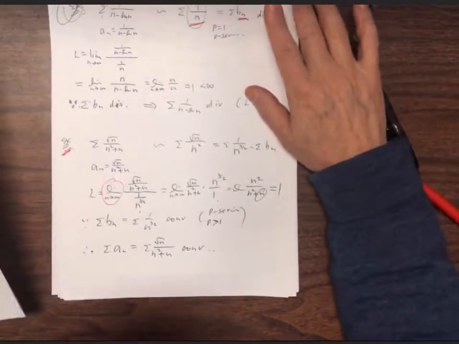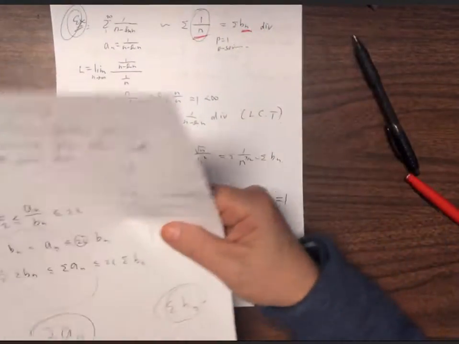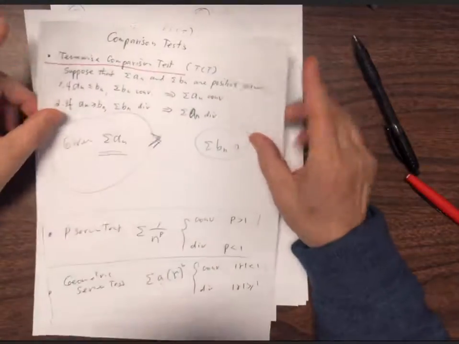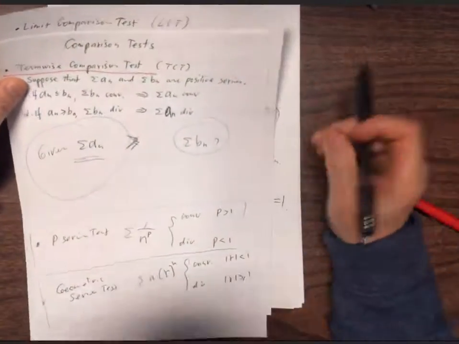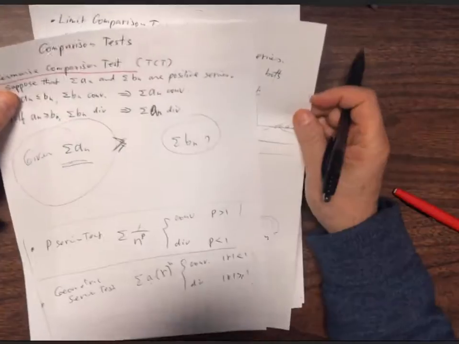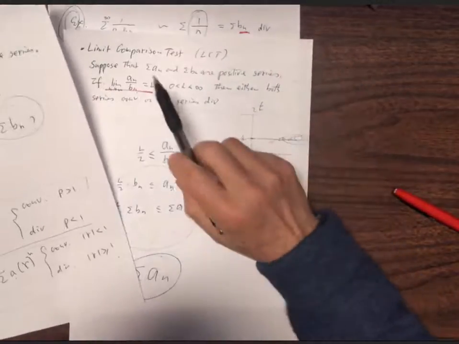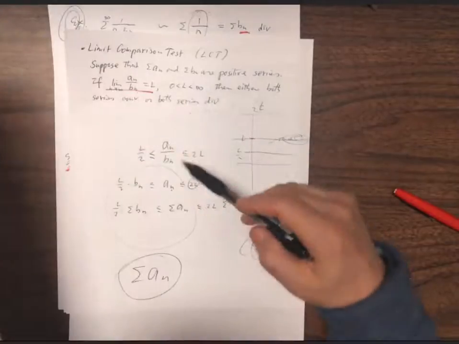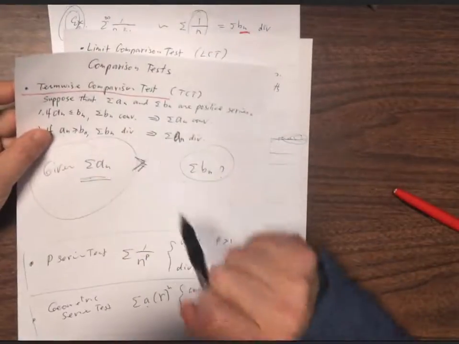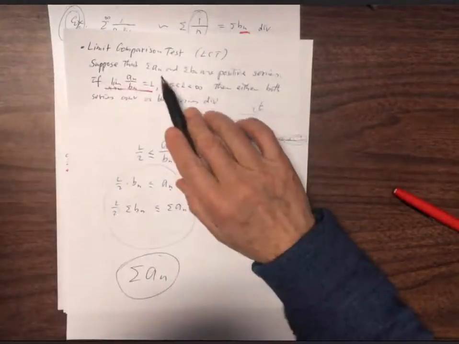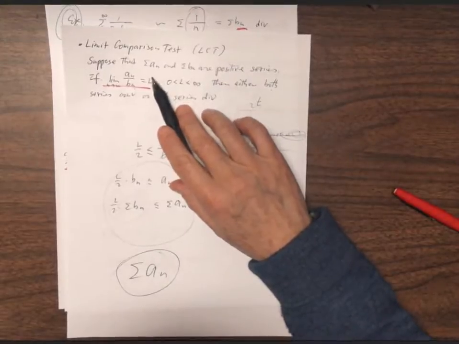Alright, so this is the limit comparison, and this is the termwise comparison. They are different. Well, actually, the limit comparison, as I explained here, is based on the termwise comparison. It's much easier, the limit comparison test.